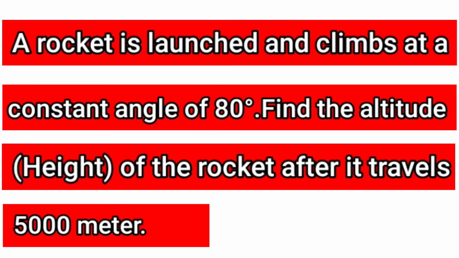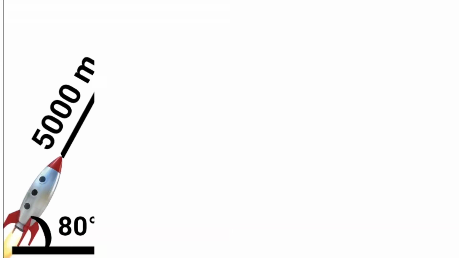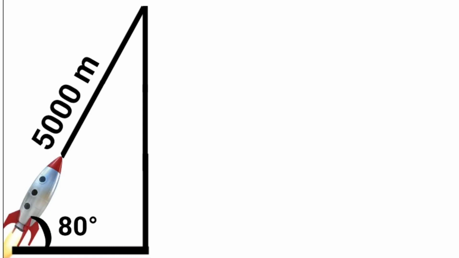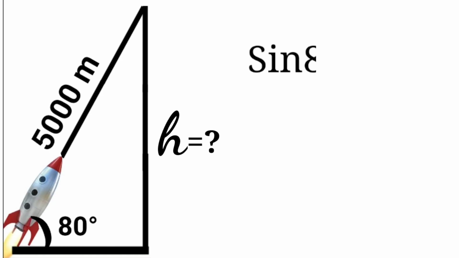From this statement we construct the right angle triangle using the rocket motion. The rocket is inclined at an angle of 80 degrees, moving a distance of 5000 meters. Now we find the altitude or height of the rocket.